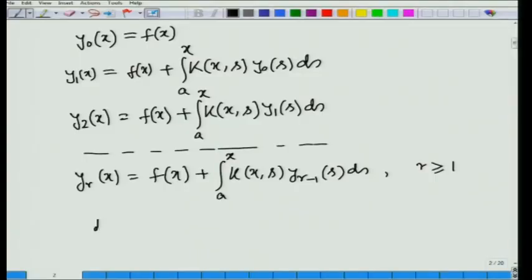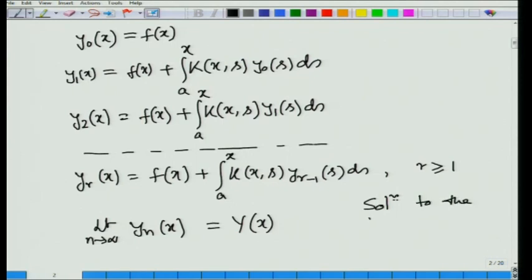So, if the limit as n tends to infinity of y_n(x) exists, and this sequence of functions converges to a function say y(x), then the solution to the given integral equation (IE stands for integral equation here) is y(x).